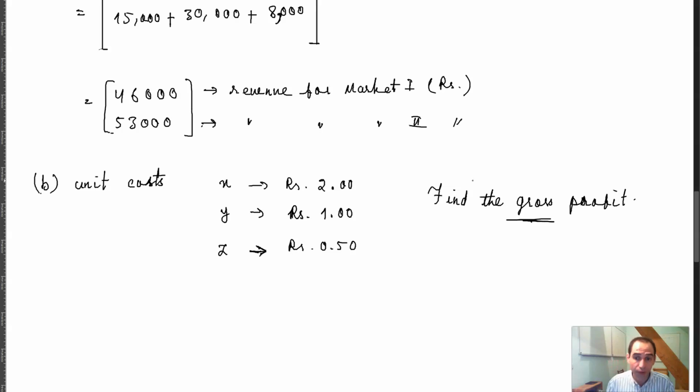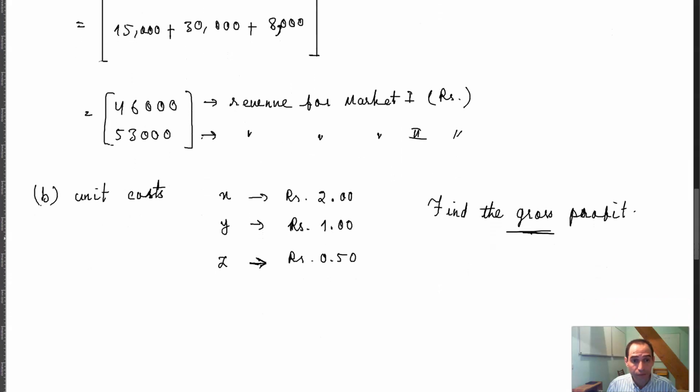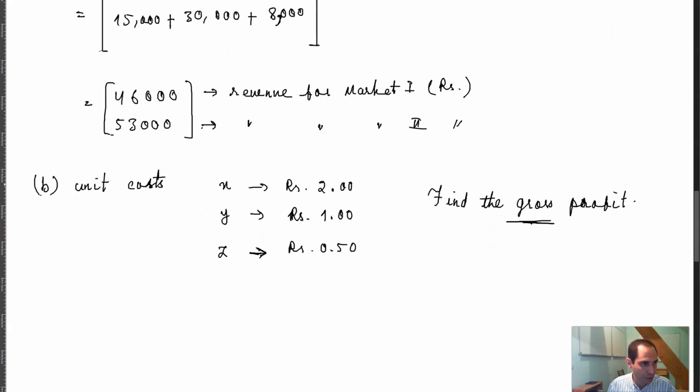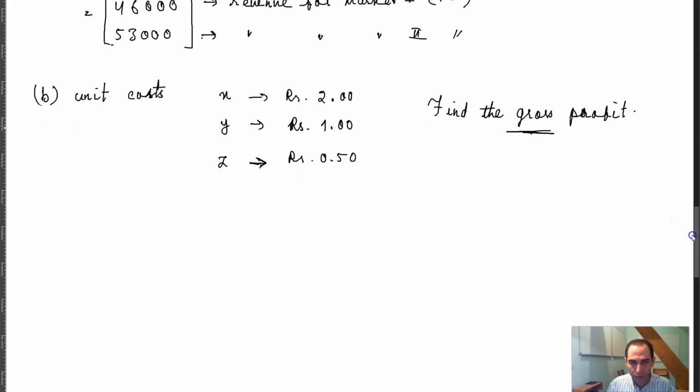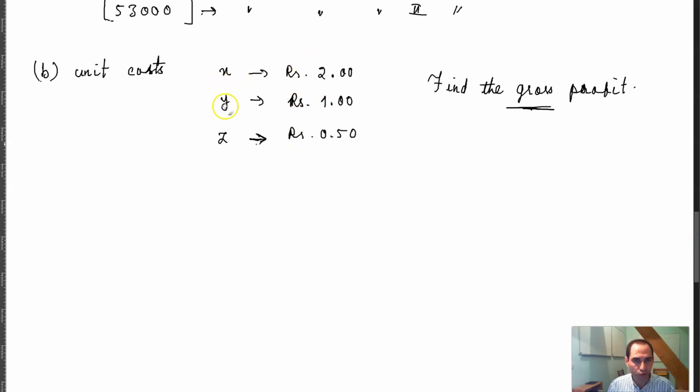Okay, so now the gross profit is basically, so these are the unit costs. What the gross profit means is that, for example, you produce some product and it costs you some amount of money for one item of that product.